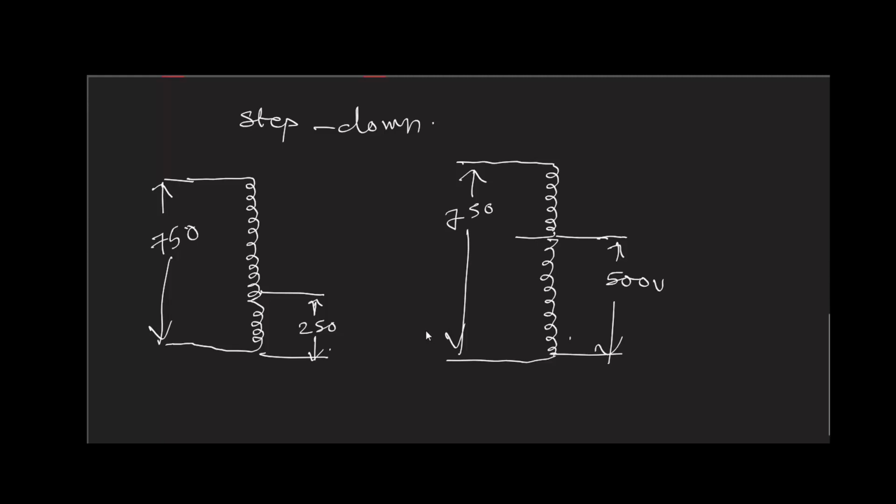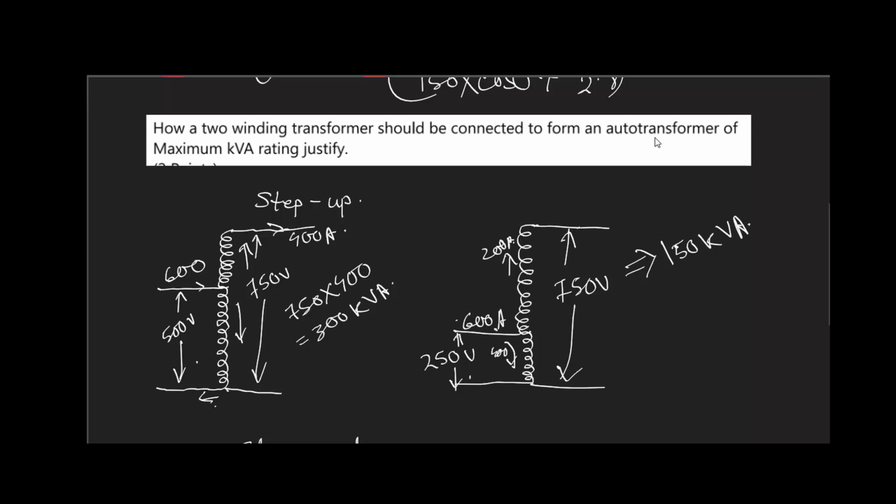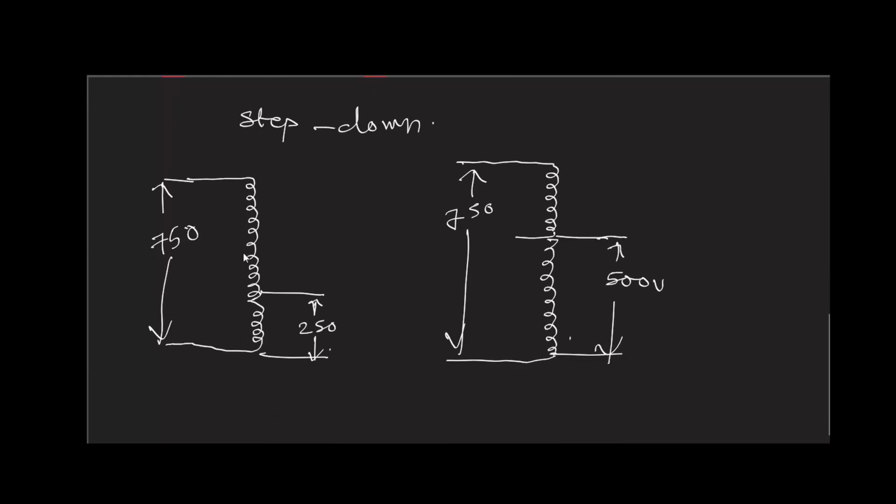That's it. Similarly here, from basic transformer understanding, if we just alter primary and secondary, that should not alter our kVA rating. So the same thing is applicable here: it will also become 150 kVA, and similarly this will also become 300 kVA.